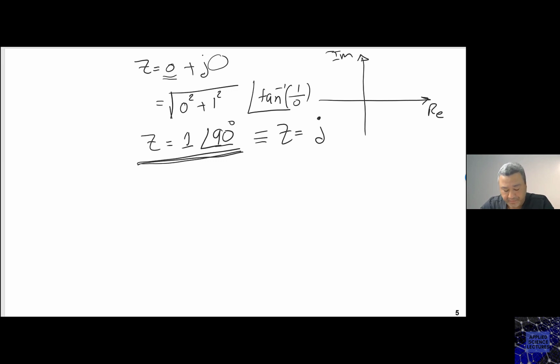Yes, go ahead. You said the impedance of the capacitor is 1 over j omega C. Is this related to capacitive reactance by chance? Yes, this is what we call the reactance. That's correct. Any impedance is made of a real and an imaginary part. In general, impedance is made from a real and imaginary, right? So let's say x plus j y.